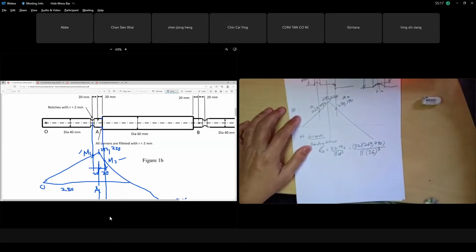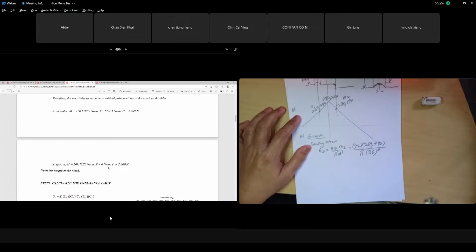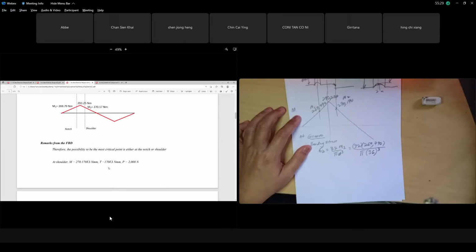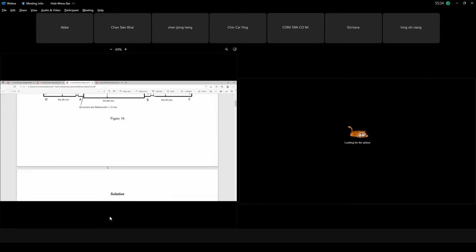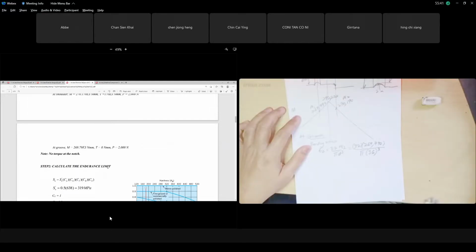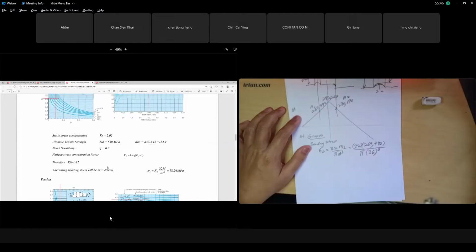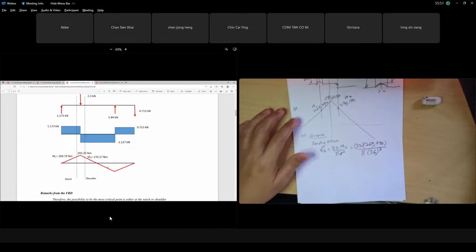So we get the value of that one. We calculate at the groove. Okay, hold on, this is at the shoulder.